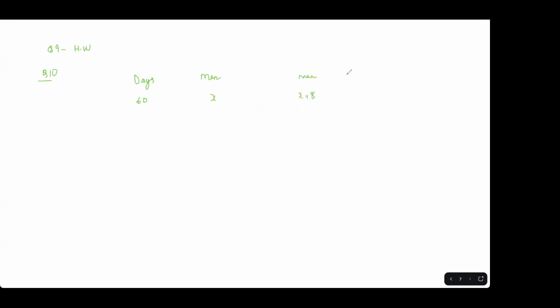X plus 8 and 50 days. Both the work done should be equal. So 60x is equal to 50x plus 400. So 10x is equal to 400. x is equal to 40. So at the beginning, how many men were there? 40 men.